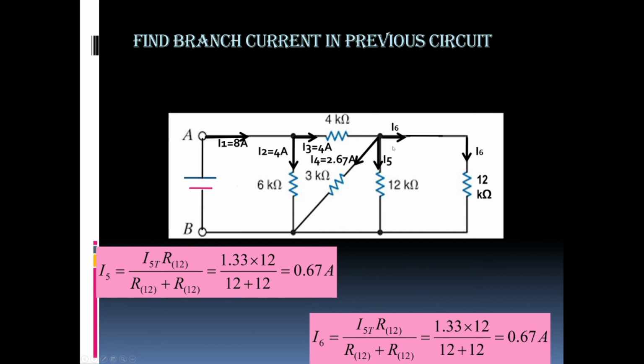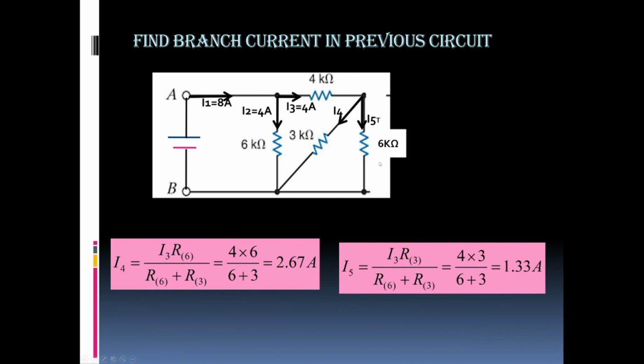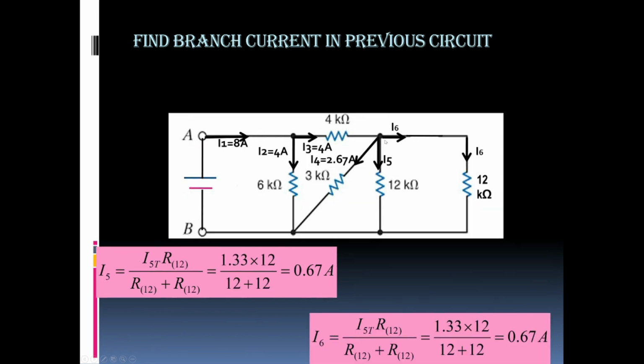If you have to find I5, the current I5 in the previous circuit, you see there's the I5 total, which is an equivalent resistance for these two. So we are going to find I5 first. I5 will be the I total, so the total current here was 1.33, into the resistance of the other branch, which is 12, divided by the sum of resistance, and that will give you the answer 0.67 ampere.